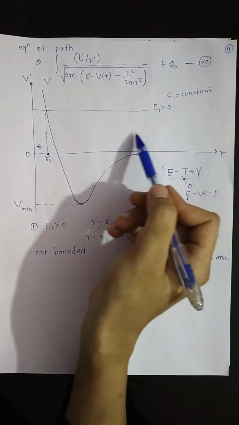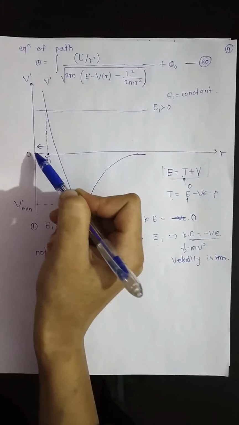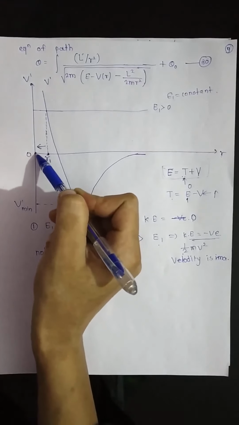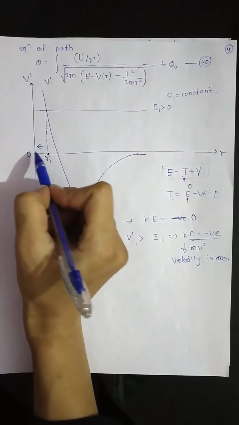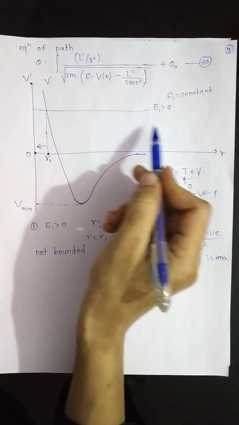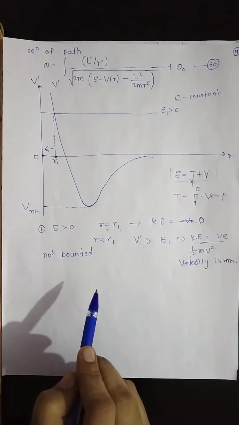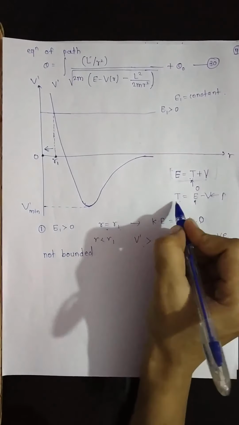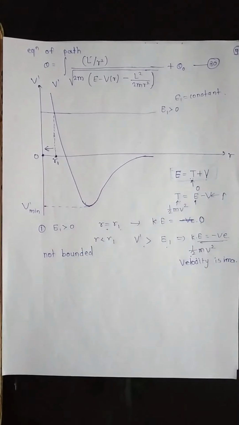So from infinity it will come to the center, and when it reaches the distance of closest approach, the maximum closest distance, the particle will turn around and again go back to infinity. At the same time, the distance between E and V on the plot is nothing but half m v square, that is E minus V is the kinetic energy, and it is a function of r.